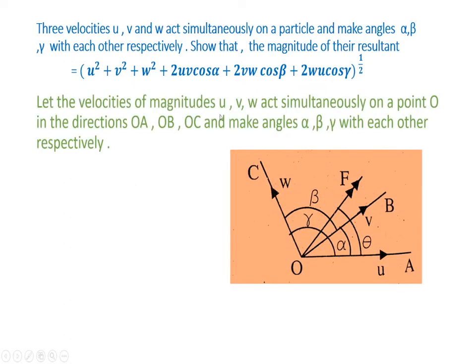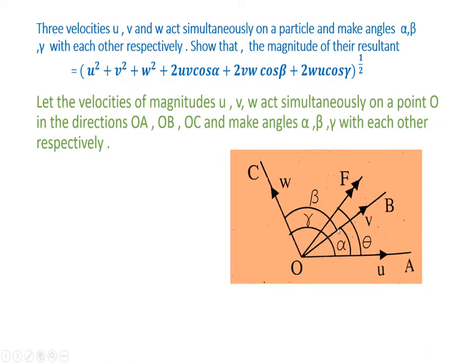Let the velocities of magnitudes u, v, w act simultaneously on a point O, in the directions OA, OB, OC and make angles alpha, beta, gamma with each other respectively.